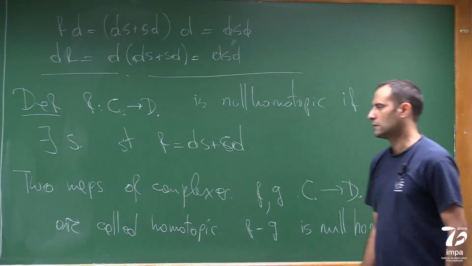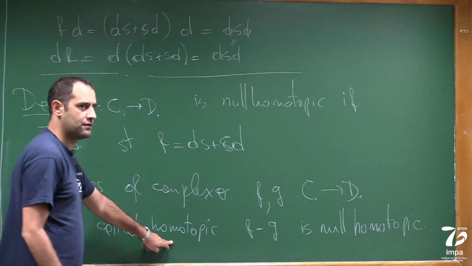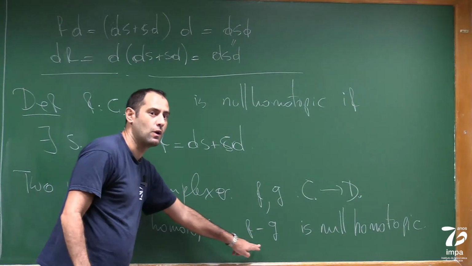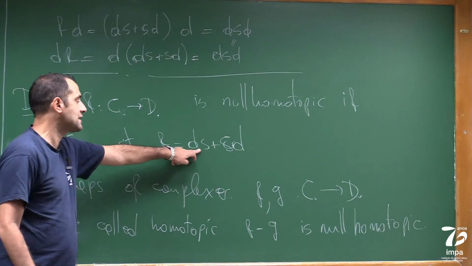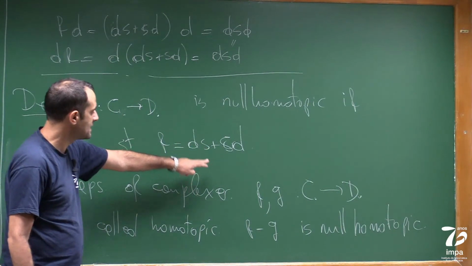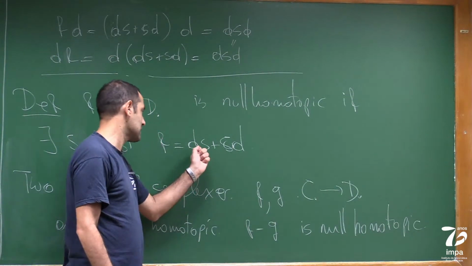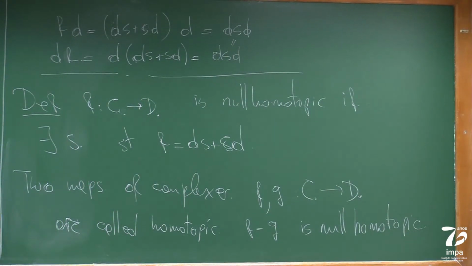This S realizes that map being null homotopic. Null homotopic means there exists such an S such that ds plus sd is F minus G. That S is called the chain homotopy from G to F, or from F to G in that case.